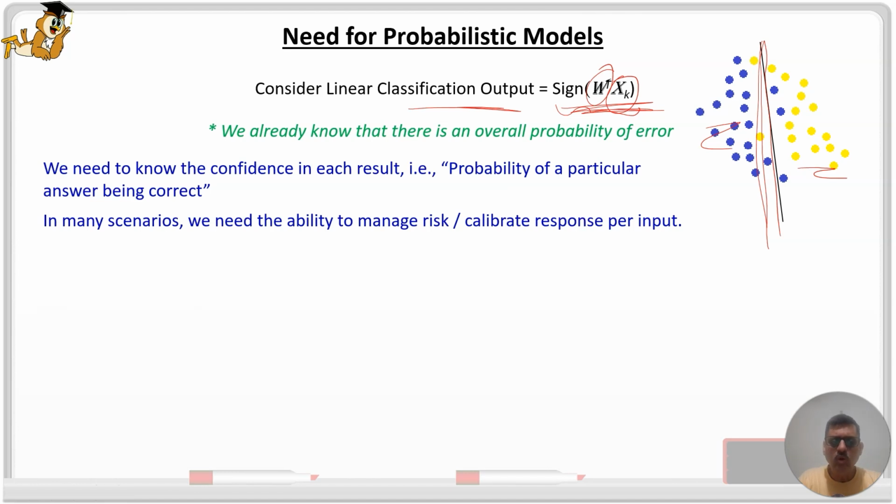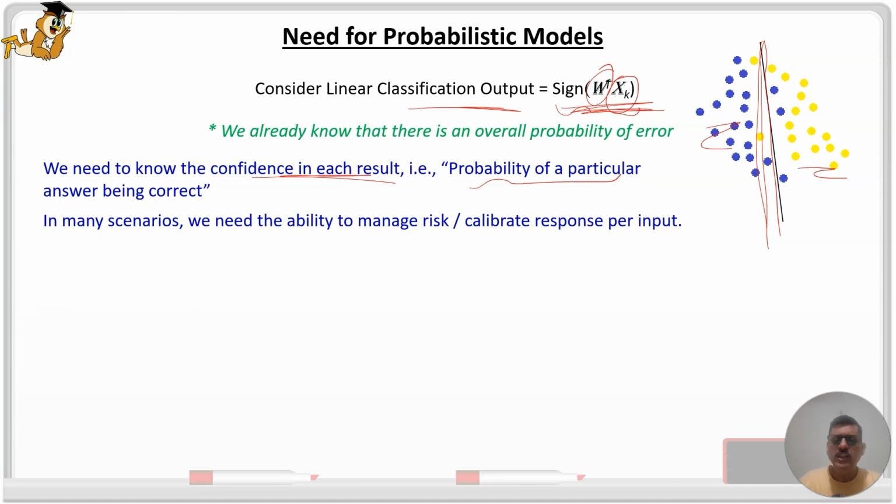What we need to know, however, is the confidence the classifier has in each result that it returns. Or in other words, you would like your classifier to tell you the probability of a particular answer being correct. Why is this important?